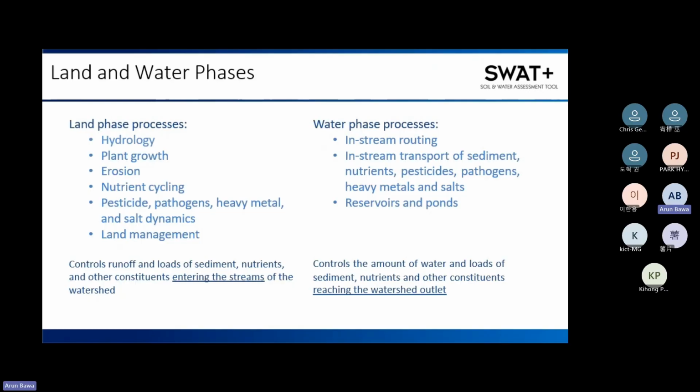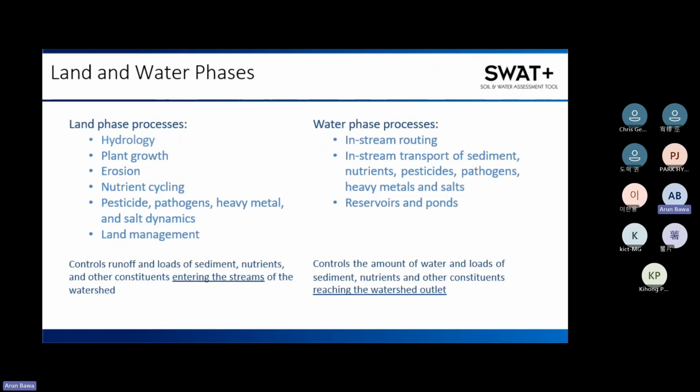And then SWAT Plus, after simulating that, will bring those into the stream, and then the in-stream water phase processes would start. For example, from one point to a second point, you have a water velocity, you have a slope in the stream and everything, and sediment particles can settle down, right?